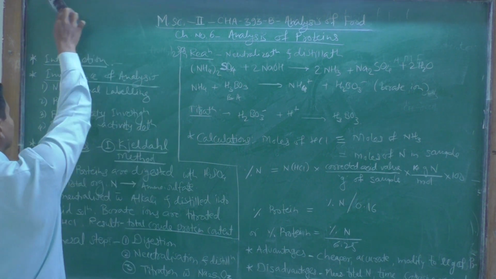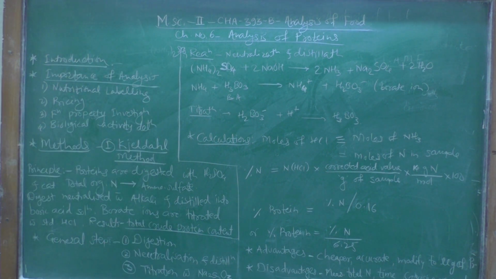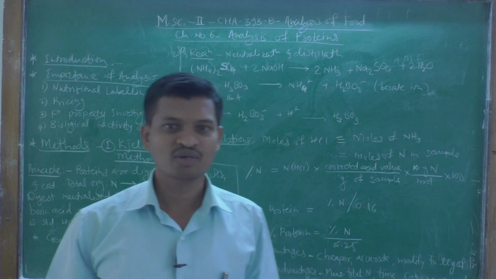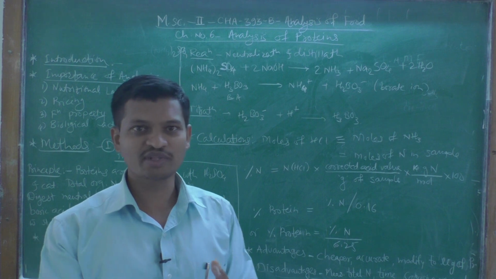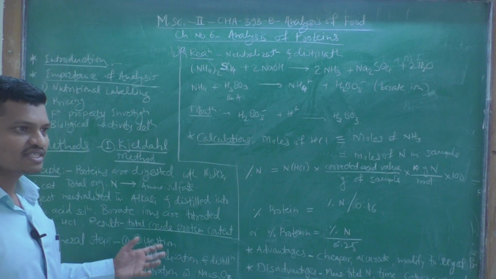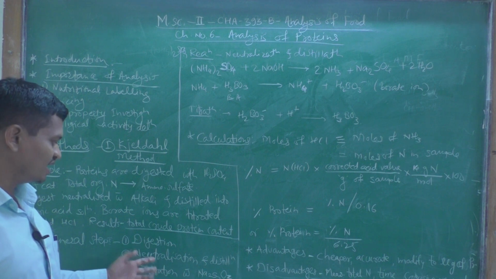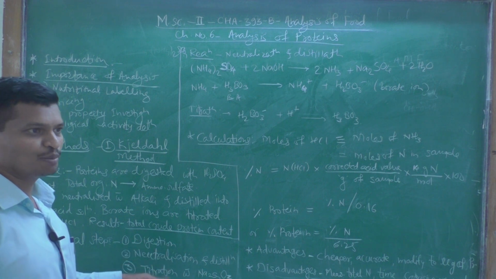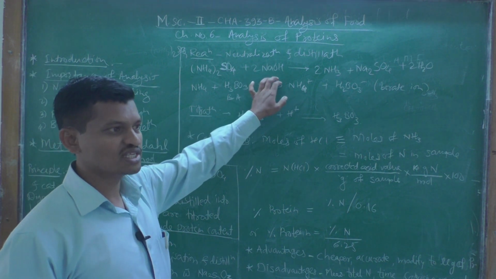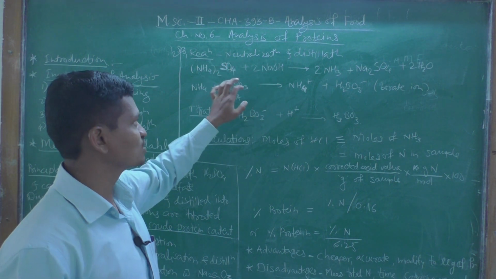Now the next step is neutralization and distillation. What is neutralization? When we have an acid, we have to add a base, and the reaction between them is called a neutralization reaction. So, as we have an acidic solution here, we have to add an alkali or base. Sodium hydroxide, a strong alkali, is needed to neutralize this sulfuric acid solution.